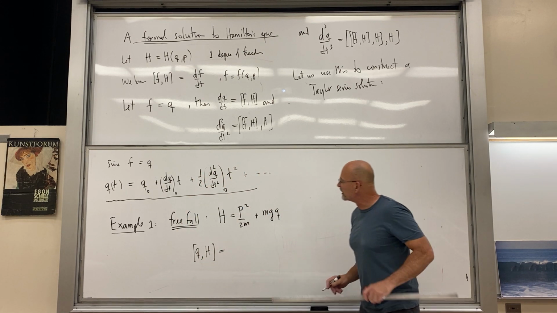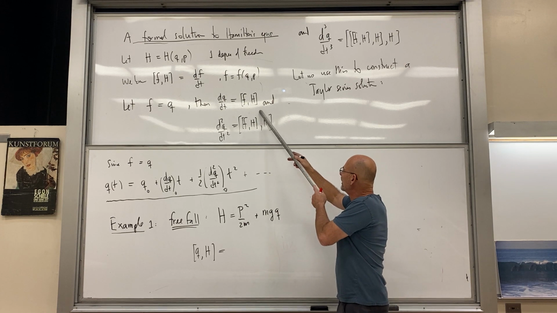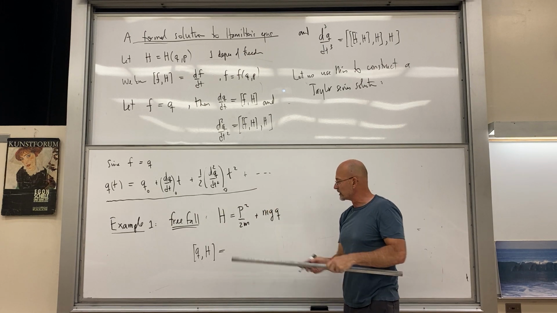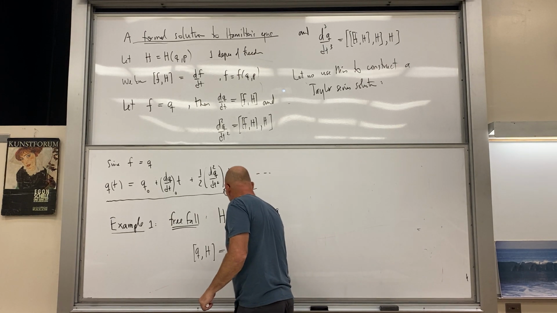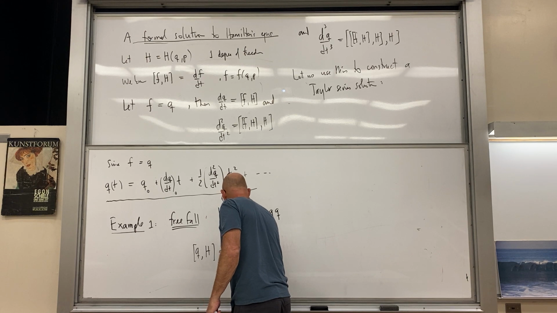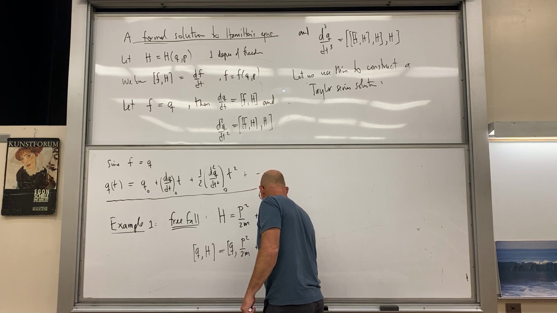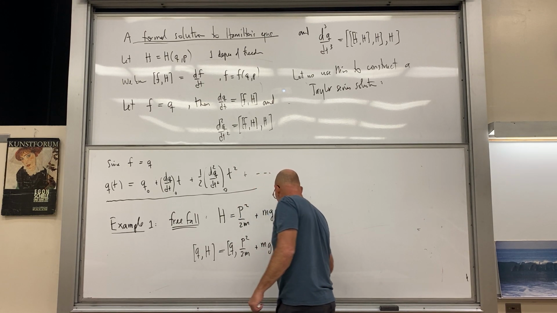What we have to do is evaluate these and then hold on to the result, but also take its result when time equals 0. So Q dot at t=0 is equal to the Poisson bracket of Q with P squared over 2M plus MGQ. And now we can use our rules.